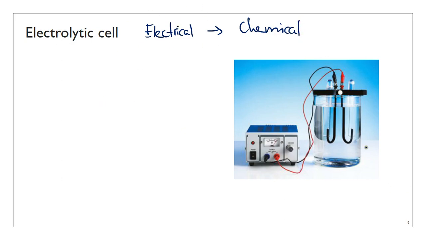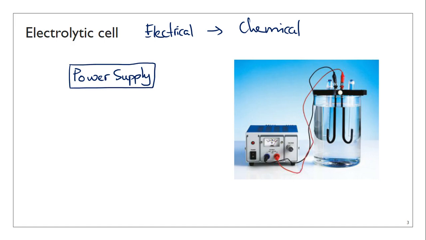So I'm going to try to redraw this into a schematic diagram, which is the form that we're going to use when we analyze electrolytic cells. So that's my power supply.